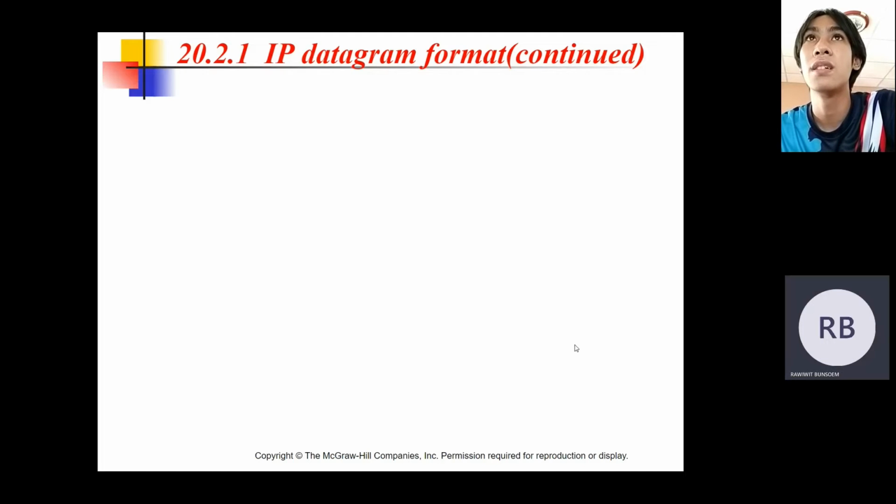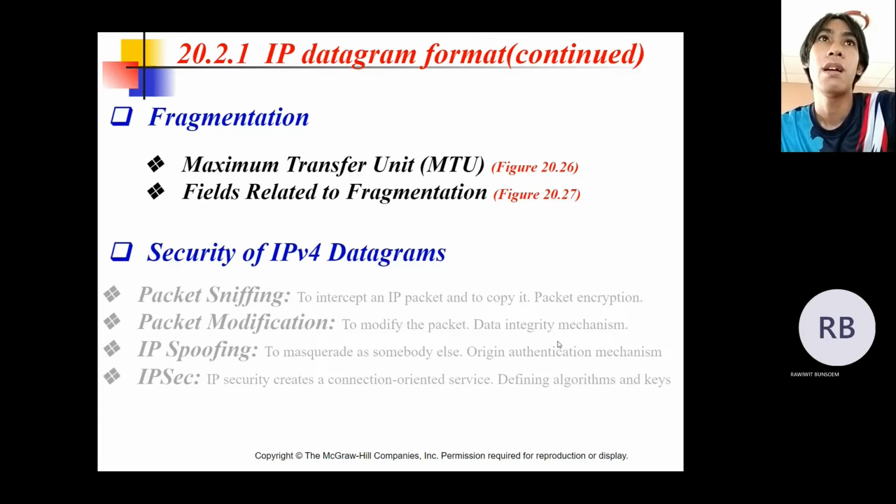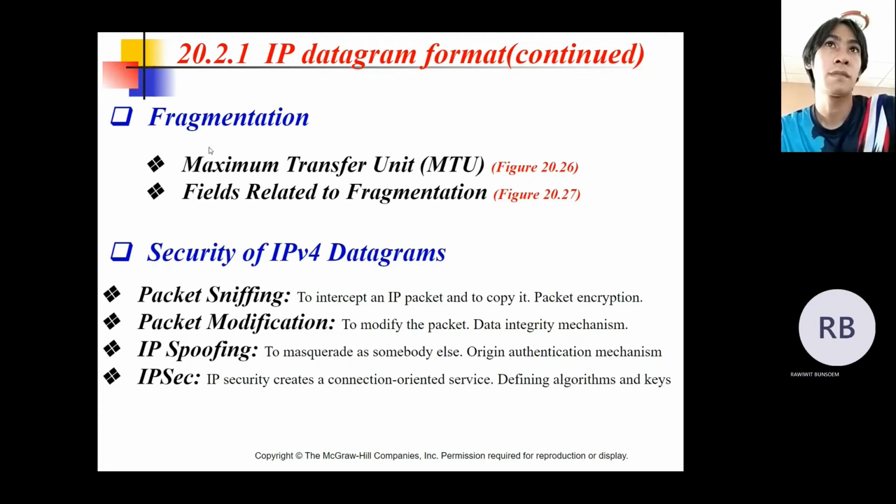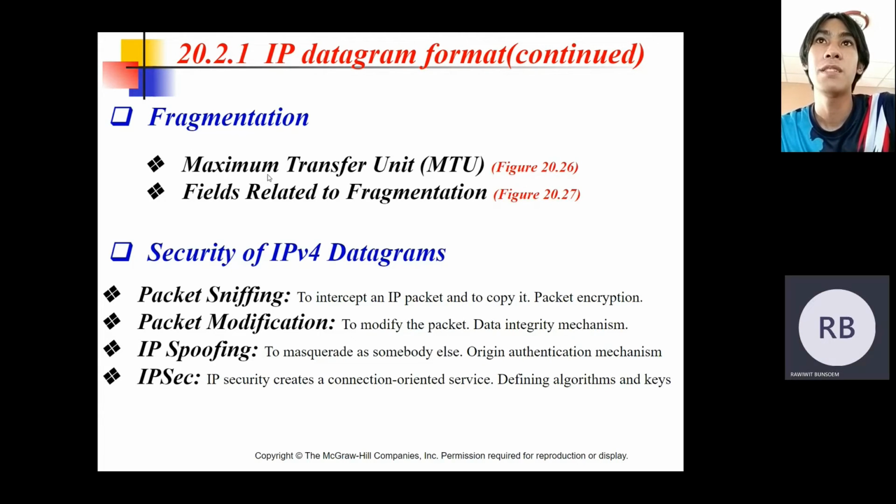Okay, the next is IP datagram format, continued. It has fragmentation, and the maximum transfer unit, MTU, is related to fragmentation. The next topic is security of the IPv4 datagram.